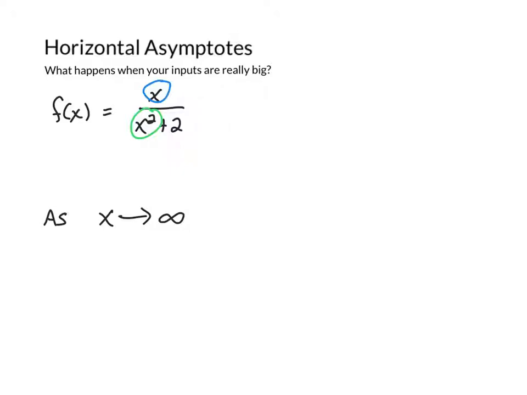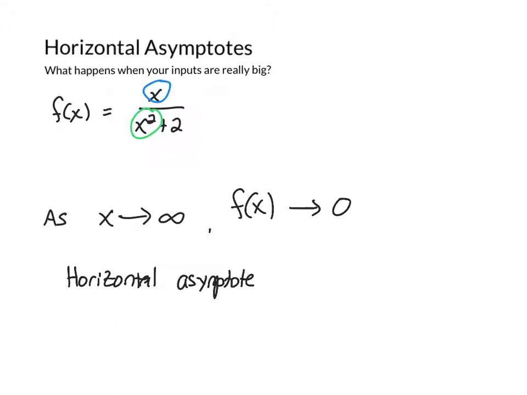So as x goes off to infinity, what we notice is f of x goes to 0. So as x gets really big, or as our inputs get really big, our outputs go to 0. So we would say that this function has a horizontal asymptote which is the line y equals 0.